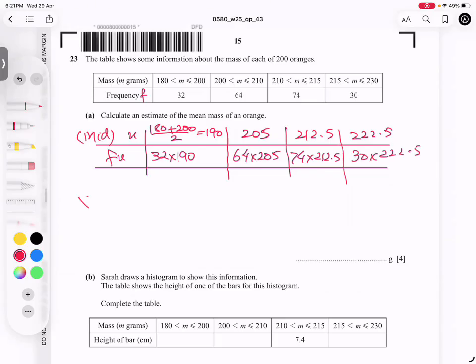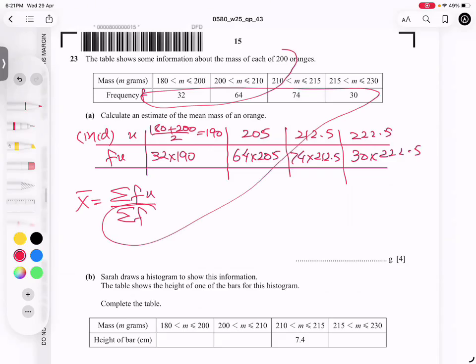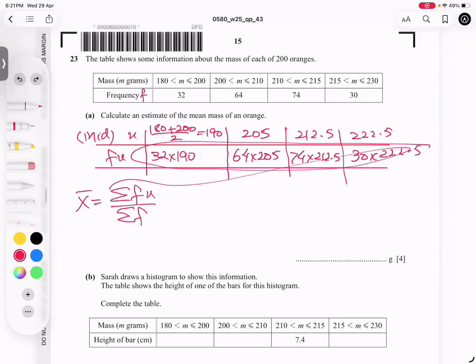And now what is the formula for the mean, students? Sigma fx over sigma f. Sigma f means add all the frequencies, it becomes 200. So the denominator is not a problem. And the upper part, if I add it, this is called sigma fx. So it is a matter of just adding. I'm going to add now. Check it. 32 into 190 plus 64 into 205 plus 74 times 212.5.